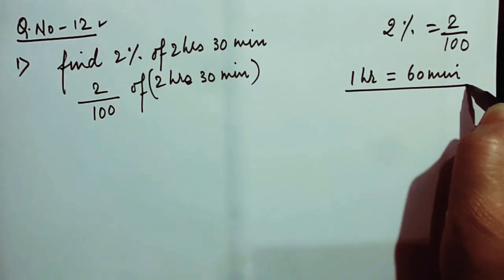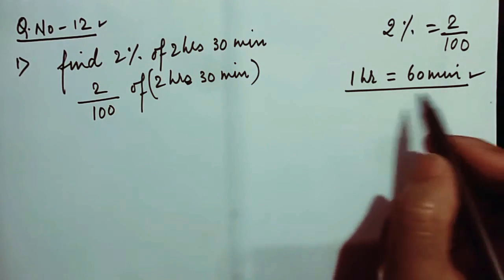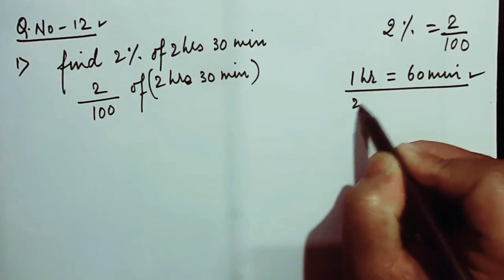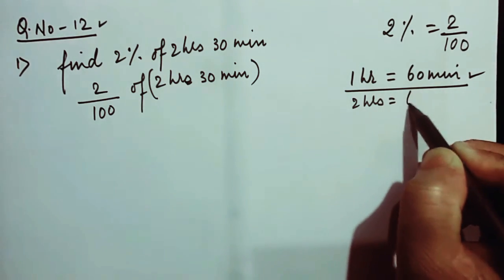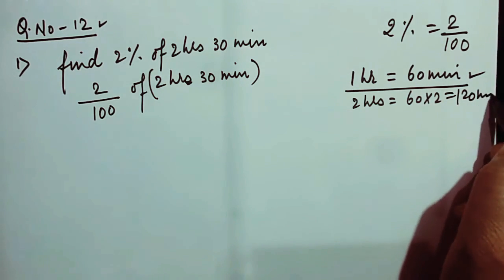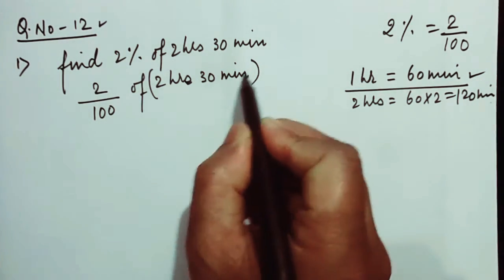So now, according to our calculation, 2 hours will give you how much? 2 hours will give you 60 into 2 is equal to 120 minutes. So 120 minutes plus 30 minutes will give you 150 minutes.